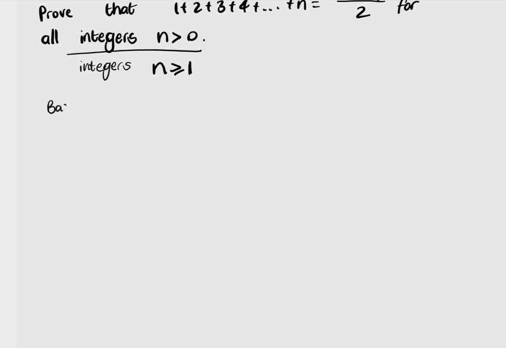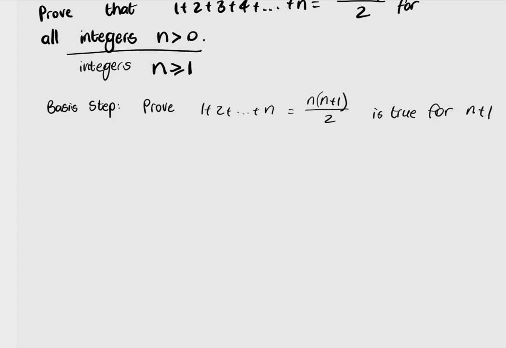So, basis step. We have to prove that 1 plus 2 plus dot dot dot plus n is equal to n plus 1 times n all over 2 is true for the first case.